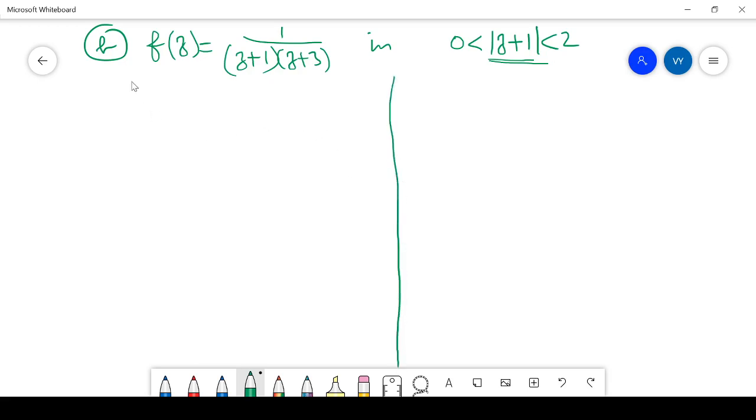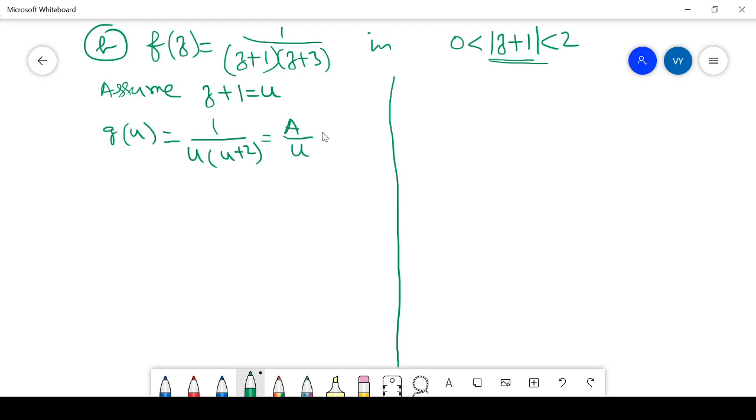So what I do is I will assume z plus 1 is equal to u. So this function g of u will be 1 by u into (u plus 2). Again I will use the partial fractions and split this as a by u plus b by (u plus 2).